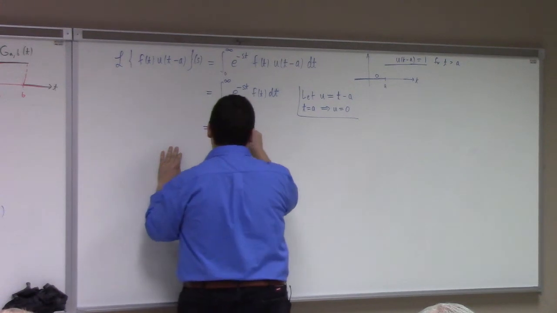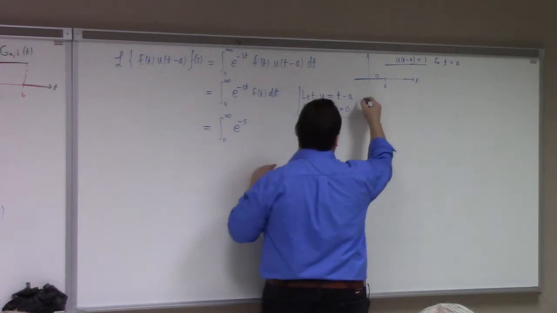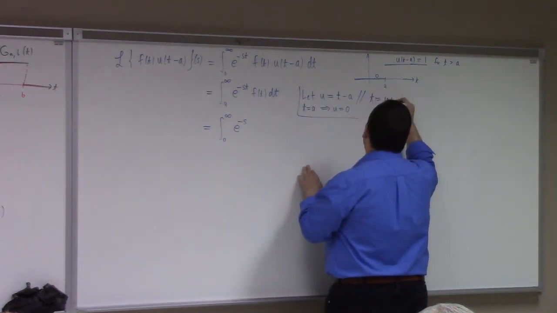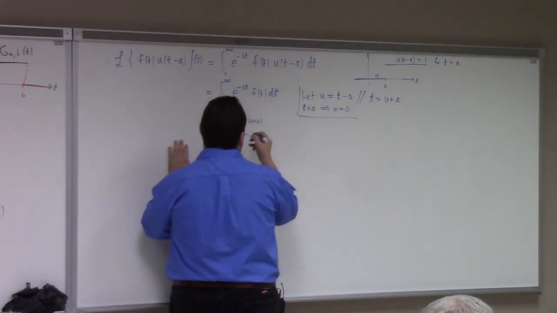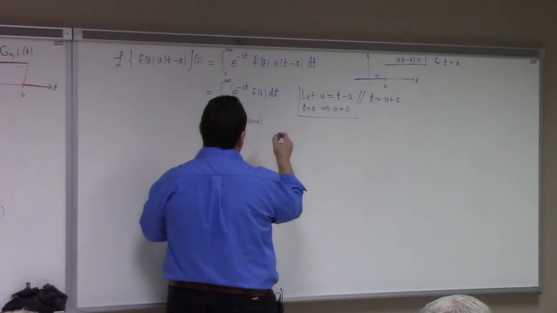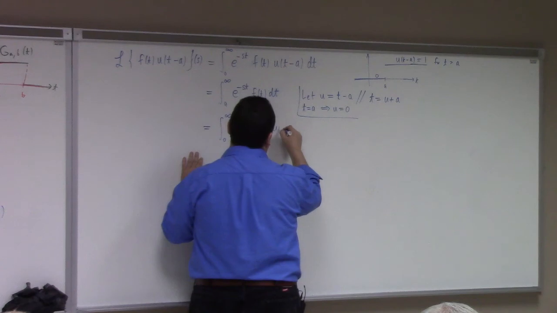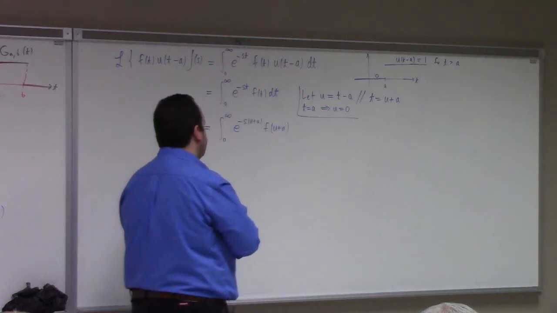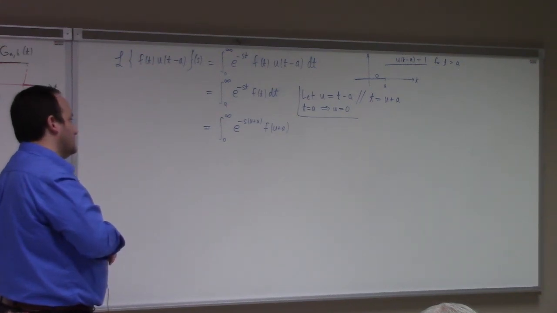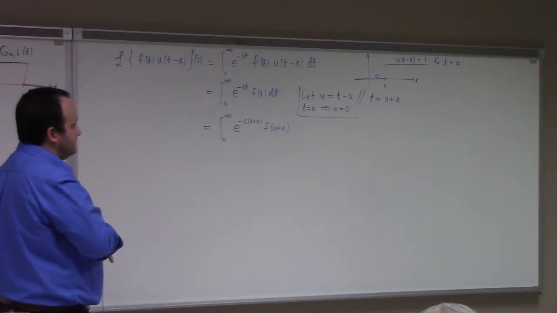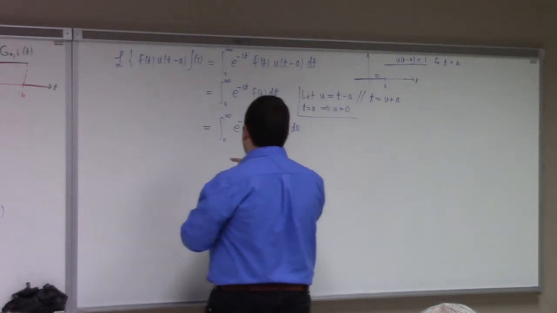And then I've got e to the minus s times t, but what's t? T is equal to u plus a, right? So minus s times u plus a, and then f of t, which is u plus a. And then what's my dt? du, right?